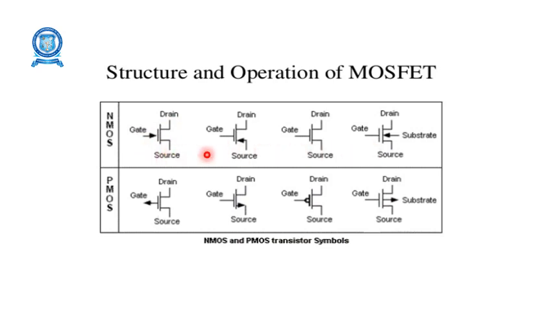The different structures of the FET are given here. PMOS also has many structures and symbols. The only difference between NMOS and PMOS is the arrow symbol. The arrow towards the gate means it is the NMOS, otherwise it is a PMOS.